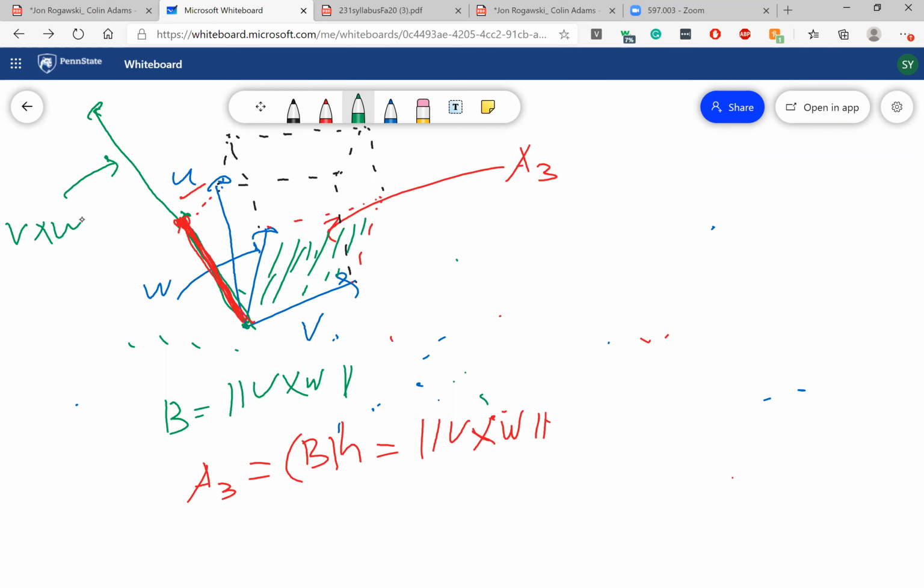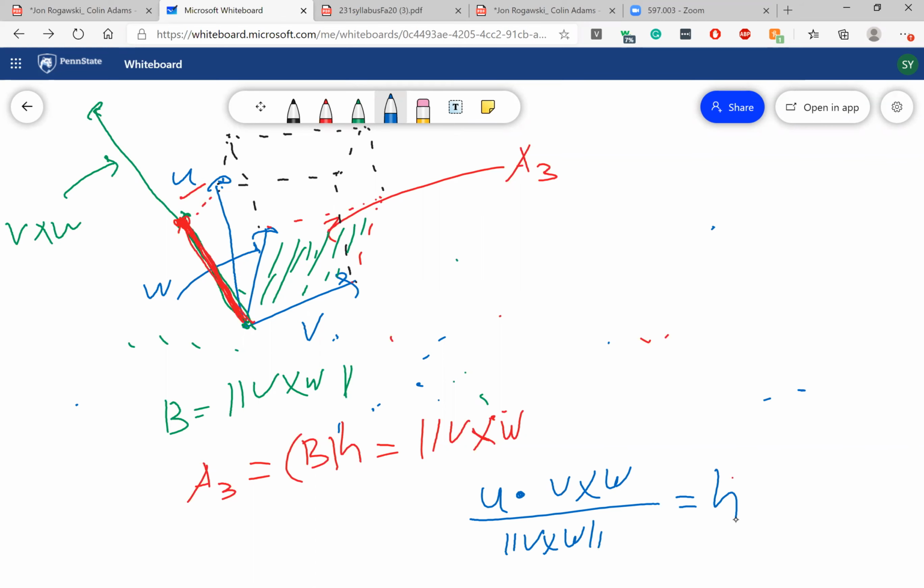So when we look at this projection, the projection is going to be U dotted with V cross W, over the magnitude of V cross W. And this is going to be our height.